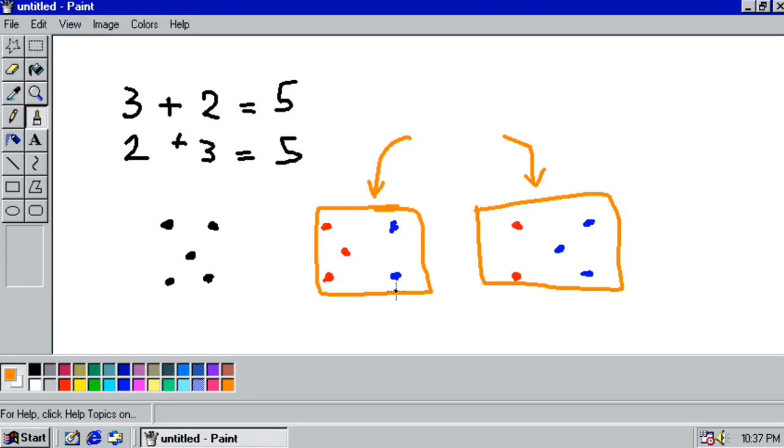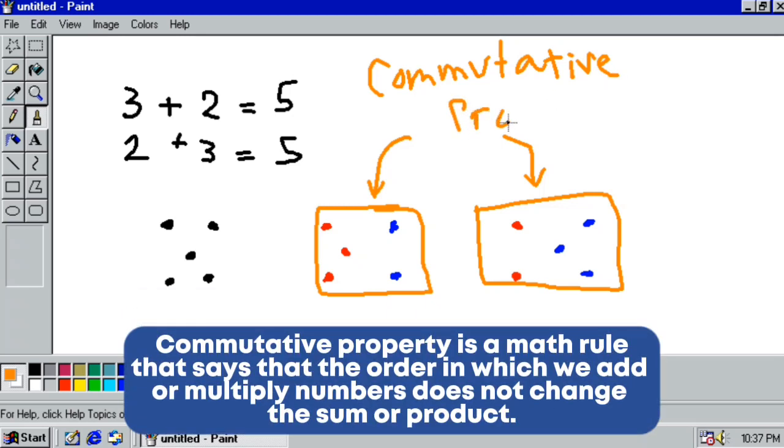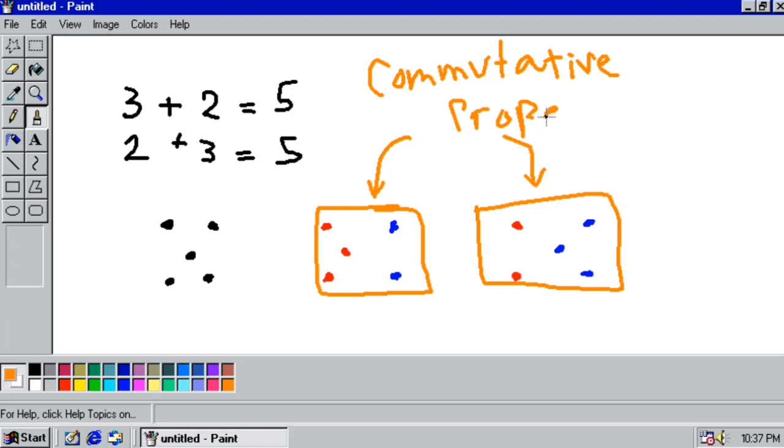So this property is called the commutative property of addition.